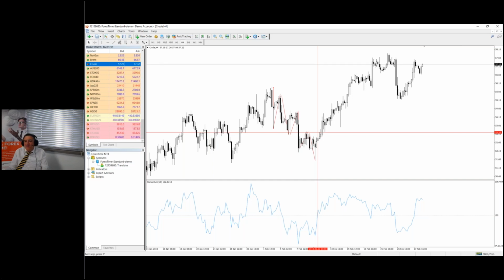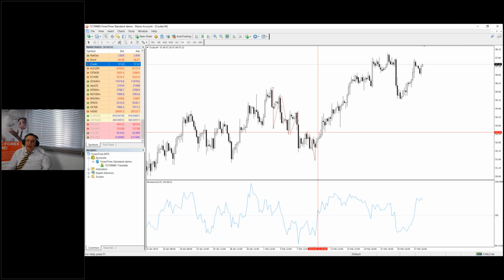And then we have another question here. MACD is therefore not a lagging indicator? And the answer is all indicators are lagging. All indicators are lagging, except volume, but volume is not available in Forex.